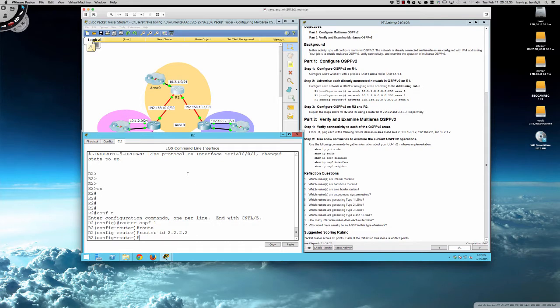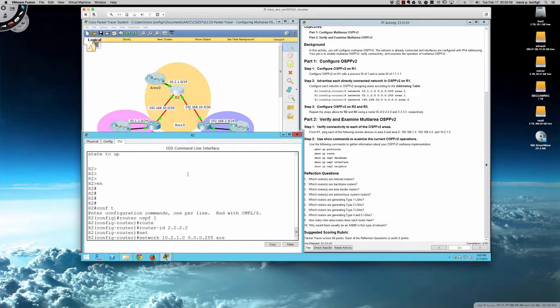So we say router-id 2.2.2.2. It said repeat the steps above for R2 and R3, and it looks like there are some network origination statements that we are going to make here. So I'll add these in.